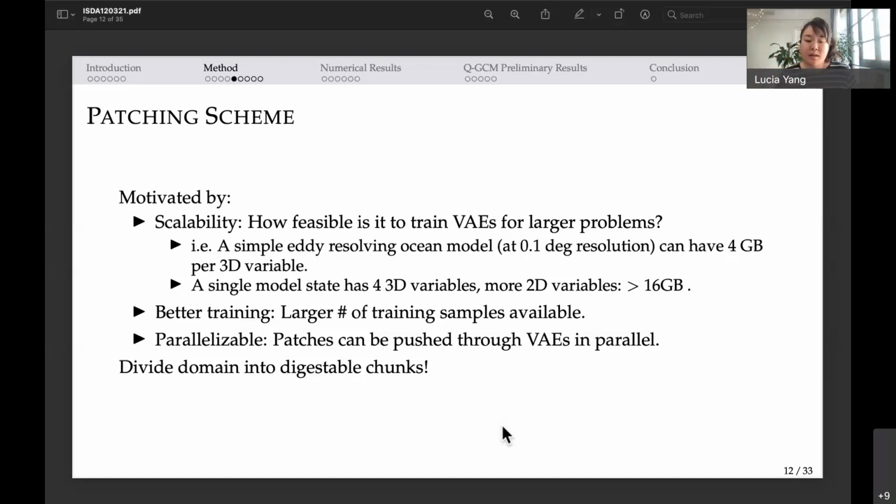And each of these patches can be pushed through the same autoencoder in parallel. That's also one of those things that machine learning is good for, right? They use GPUs. They're good at massively parallel jobs. So that's the idea behind using a patching scheme.